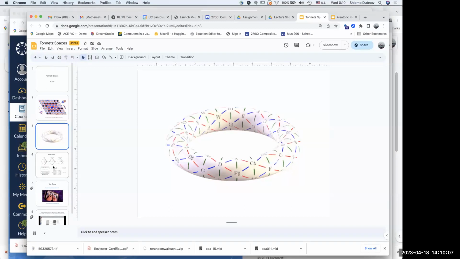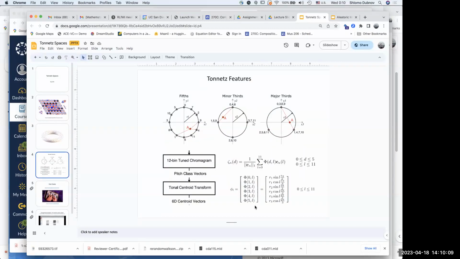you think that looking at the positioning of notes makes sense as if we are looking at things on this torus, and this is a justification, an explanation, a motivation for the Tonnetz features that take chroma vectors and represent them as Tonnetz features by creating this transformation matrix. You multiply your chroma vector by this transformation matrix, and that gives you a 6-dimensional vector phi.